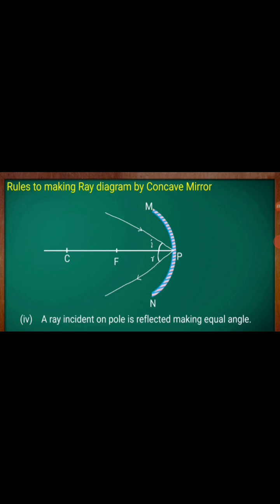That is, you have to apply the second law of reflection, that angle of incidence is equal to angle of reflection. These are the four rules, children. We have to keep all these four rules in mind to draw the ray diagrams for the concave mirror. Now shall we start the ray diagram, children?